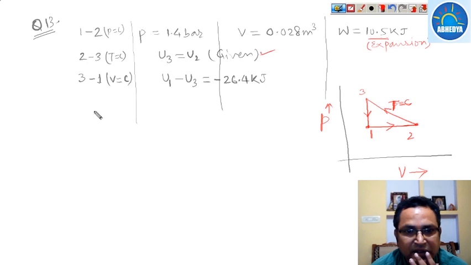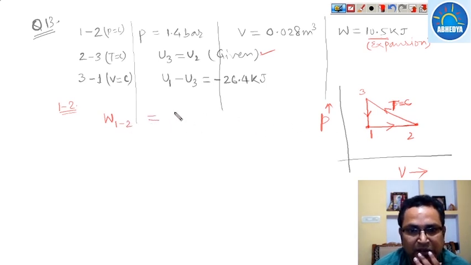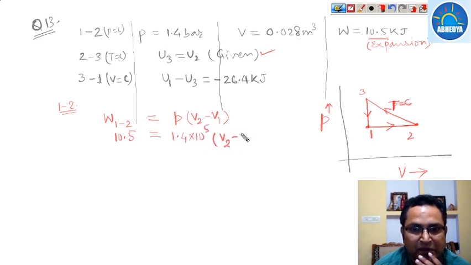So work done for process 1 to 2. What is work done from 1 to 2? Work done from 1 to 2 is equal to pressure into V2 minus V1. What is pressure and what is the work done? Work done is 10.5 kilojoule. Pressure is 1.4 into 10 raised to the power 5.